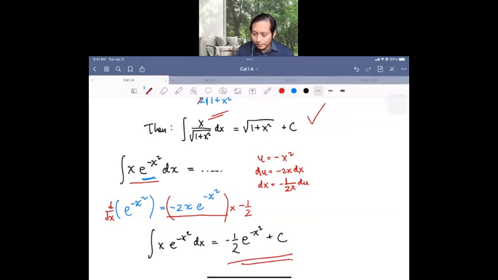So we will have the integration of negative 1 over 2 e to the power of u du. So this will still be e to the u, or e to the negative x squared plus c. Same answer.